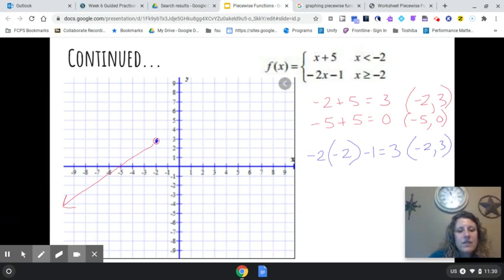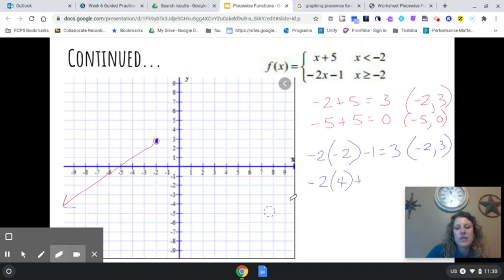It's very hard to fill in that whole dot, so hopefully you understand that I'm filling in that open dot with the blue. Since x has to be greater than or equal to -2, I can pick anything greater than or equal to -2. I already picked -2, so let's pick a number greater than -2, say 4. If I plug 4 in for x, -2 times 4 minus 1 is what that equation would read.